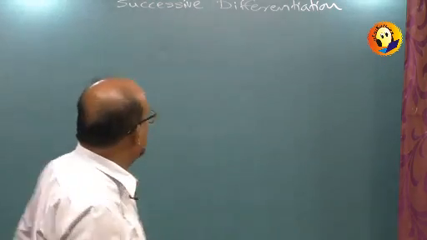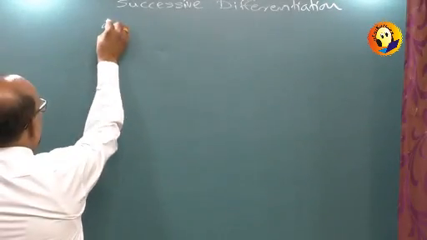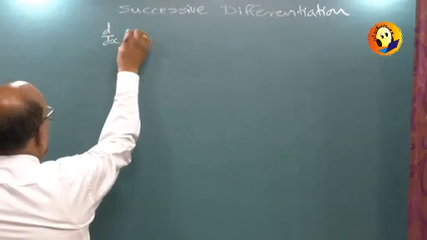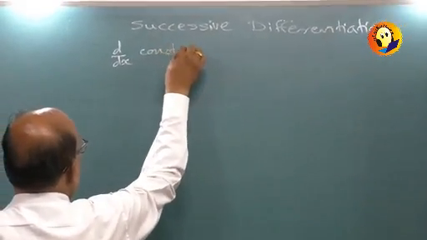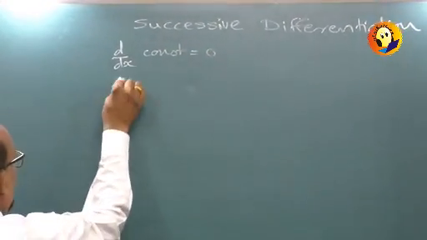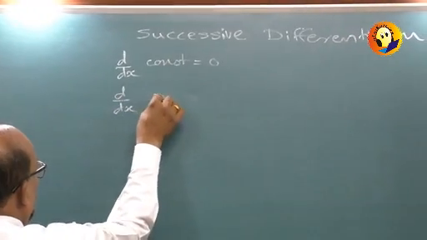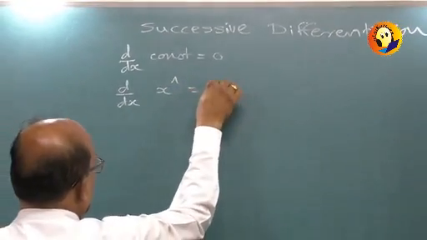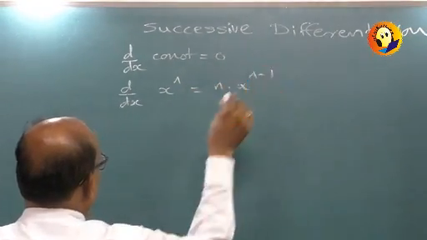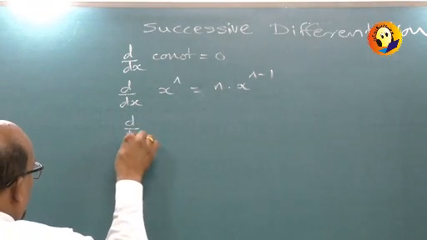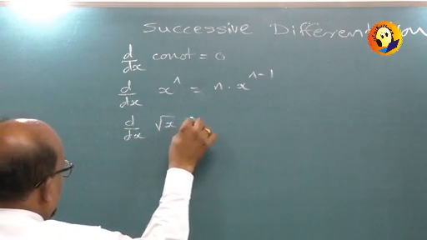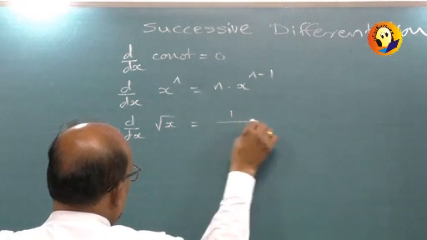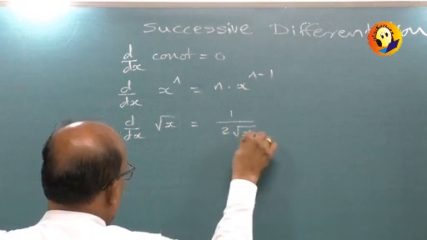So to begin this chapter, we will have to list out all the formulae. D by dx of constant is 0. D by dx of x raised to n is n into x raised to n minus 1. D by dx of root x is 1 upon 2 root x.